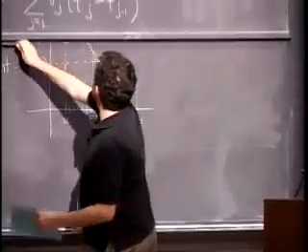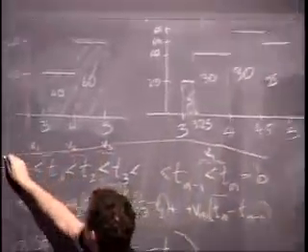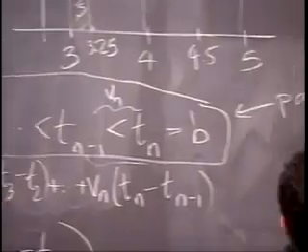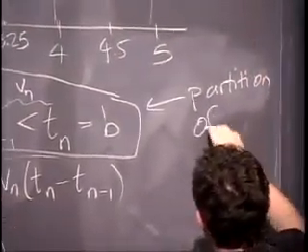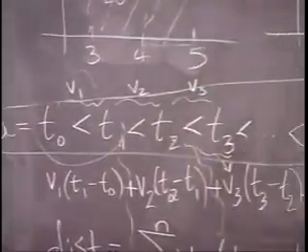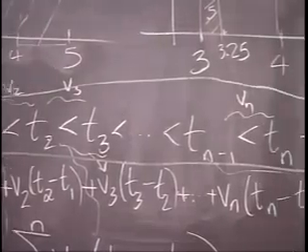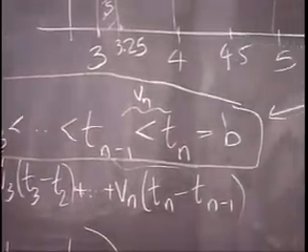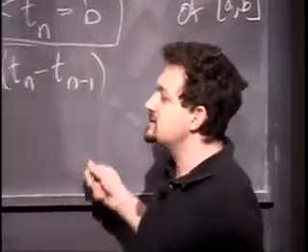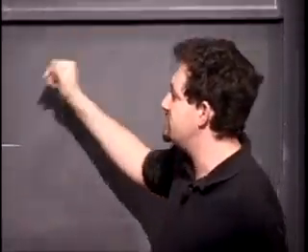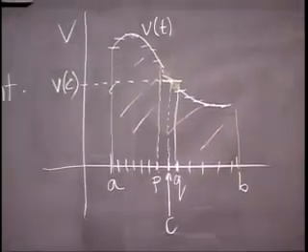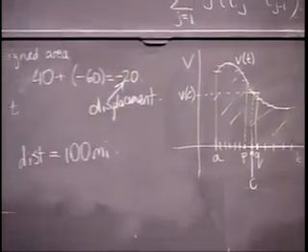This object here, without all the superscripts, is a partition of the interval AB into n pieces, n strips. We've chopped the interval between A and B into n pieces, which don't have to be the same width. They can be different widths. What I'm really doing is approximating my general journey by one of these journeys that I already understand. I'm not saying that's actually my journey, but I'm approximating it.